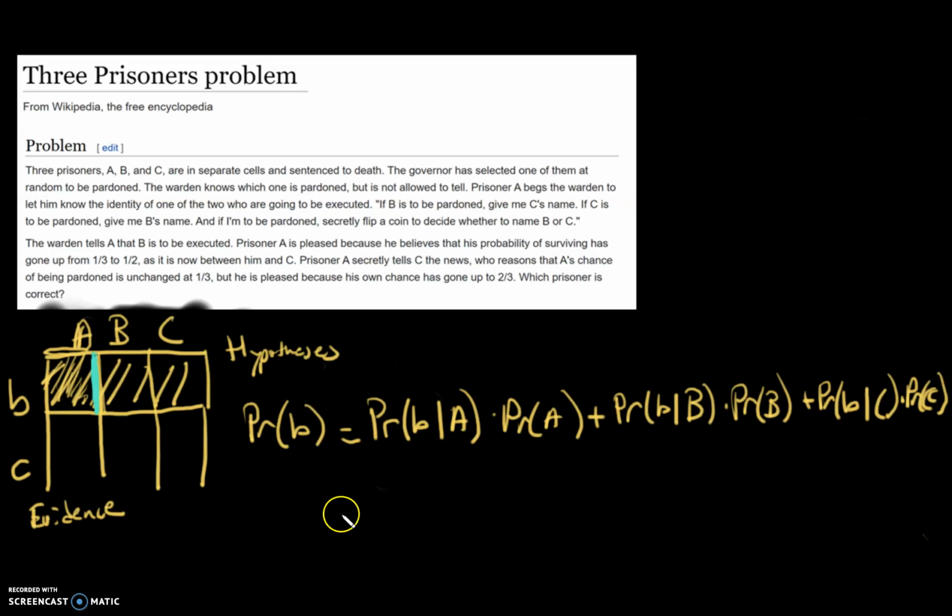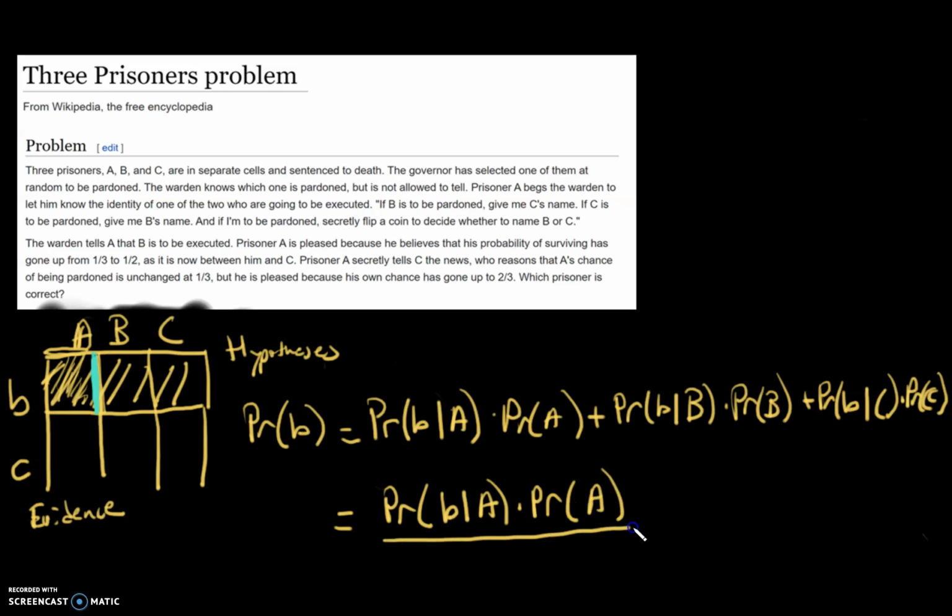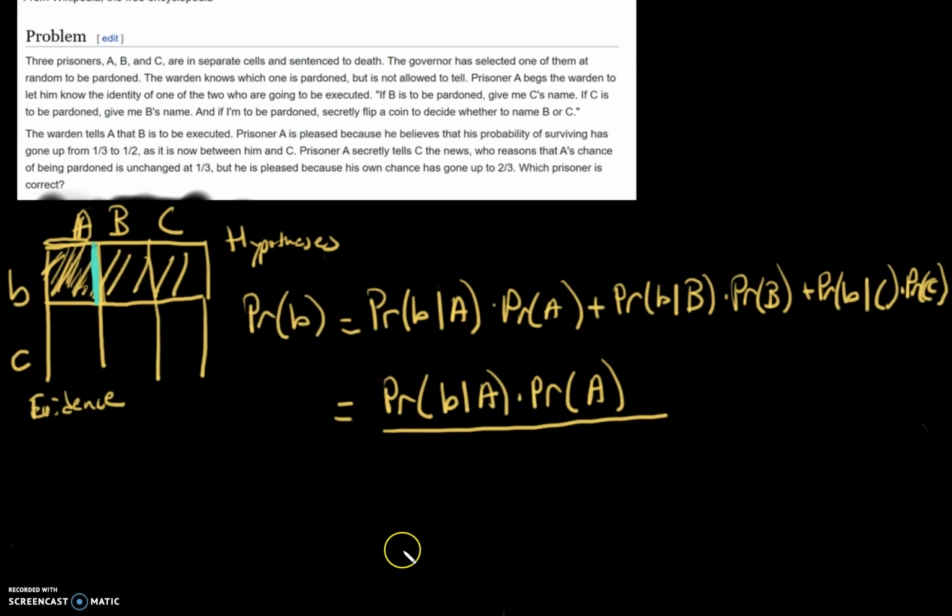So let's do that. We have the probability that the warden would say B, given that A will be pardoned, times the probability that A will be pardoned, divided by this whole expression. Let's make some room.